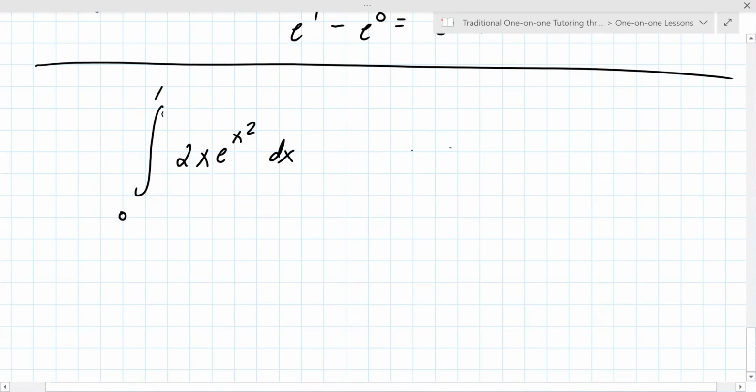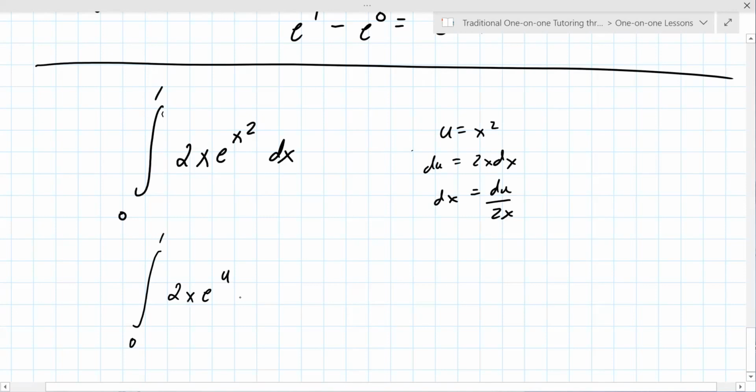Yes. That sounds right. U equals x squared, du. Yes. dx is du over 2x. So then it's 2x e to the u at 1 and 0.